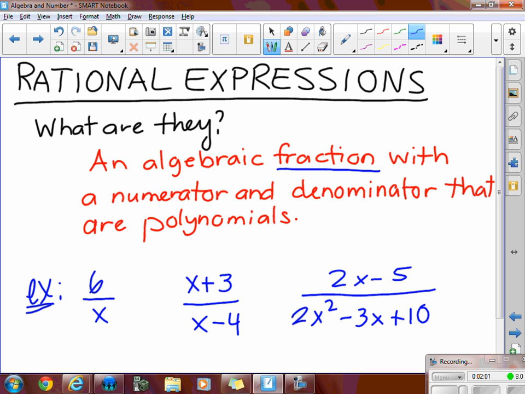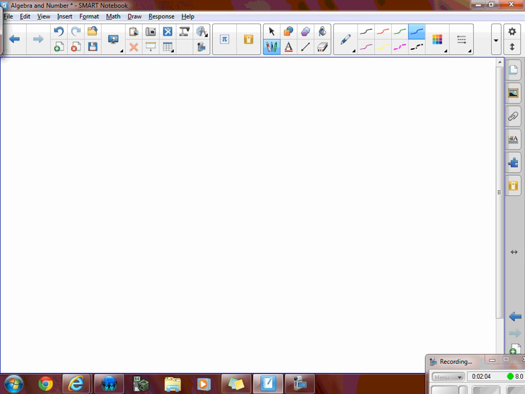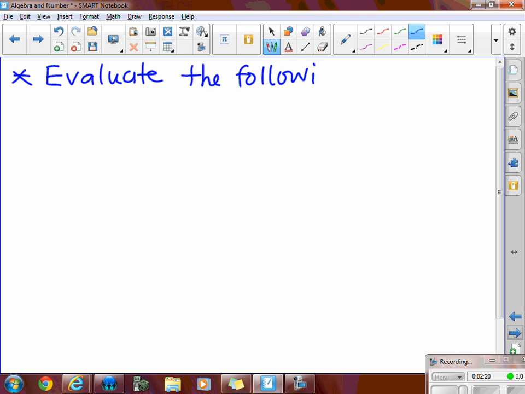But before we get too much into that, we're going to test a little bit of knowledge here. This goes back to elementary school, pre-algebra, and then you do a lot of this in junior high. Evaluate the following when x equals 3.